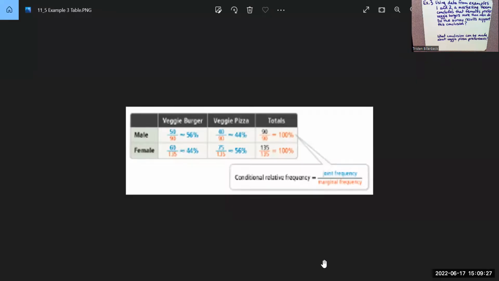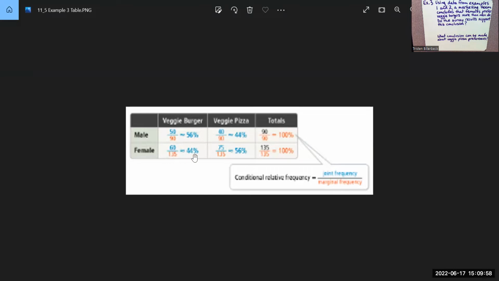Okay, so we're using a conditional relative frequency. So this is saying 50 plus 40 is 90. So we're only looking at all the men. So if you see the column, the marginal frequency here is 100%. So in our joint frequencies in here, we have 56% of the men like burgers, 44% of the men like veggie pizza.